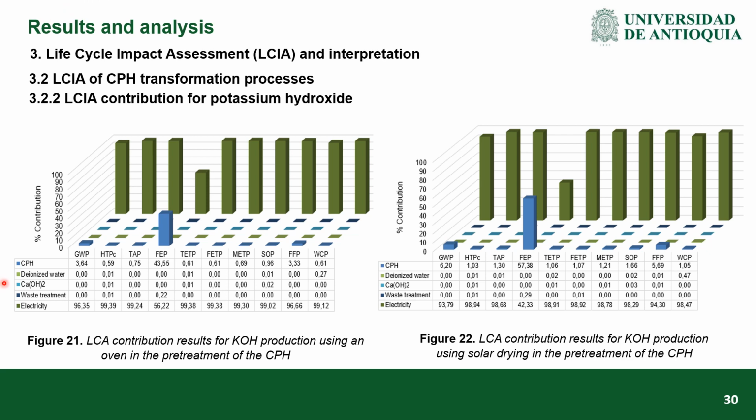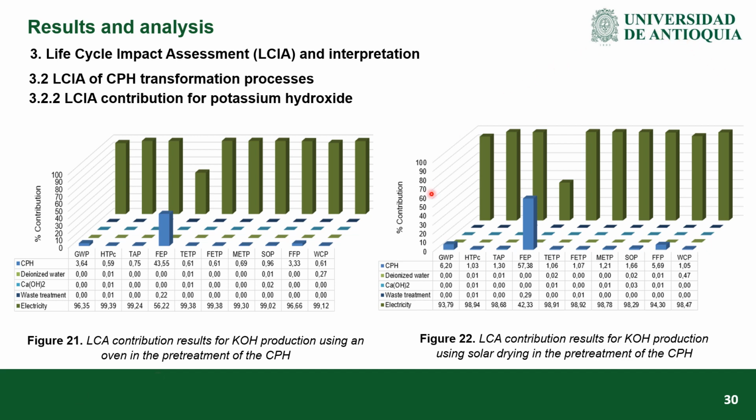It is observed that for this scenario, the total electricity consumption required for the transformation process with drying of CPH in a laboratory oven is the primary contributing factor for all evaluated categories, with values mostly exceeding 90% except for the freshwater eutrophication category with a contribution of 56.22%.